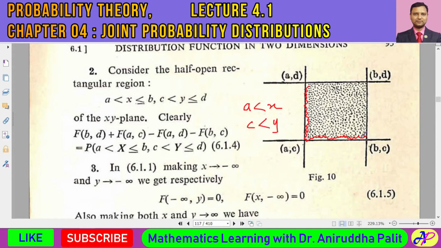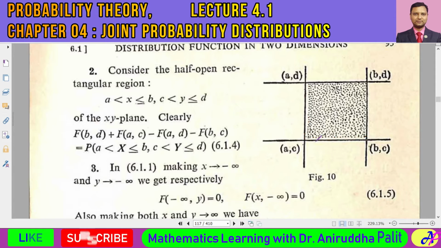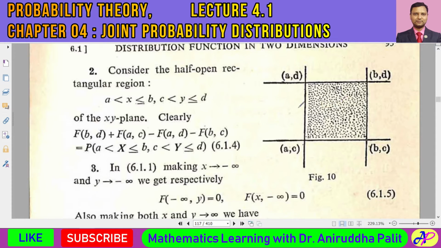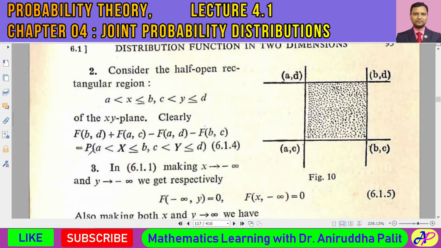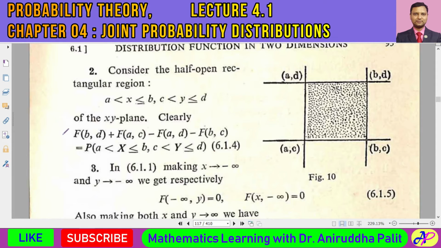Over here, this is the zone that has not been covered. So this kind of region is designated by this dotted or shaded region. From the previous definition, one can prove that the probability of a less than x less than or equal to b and c less than y less than or equal to d must be equal to this kind of expression.